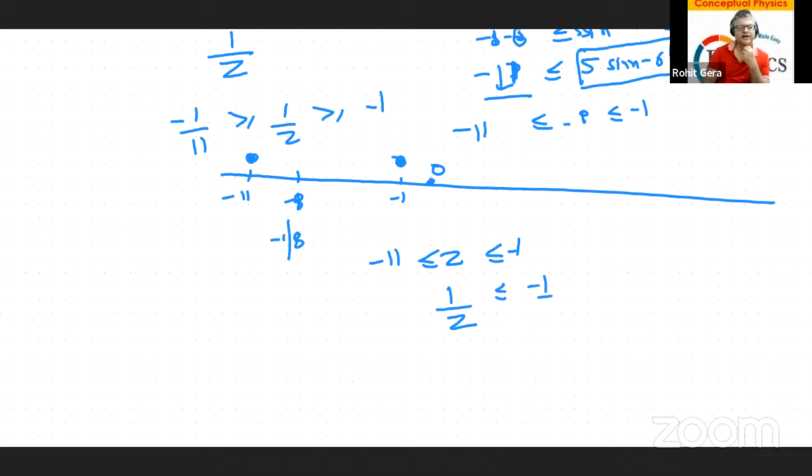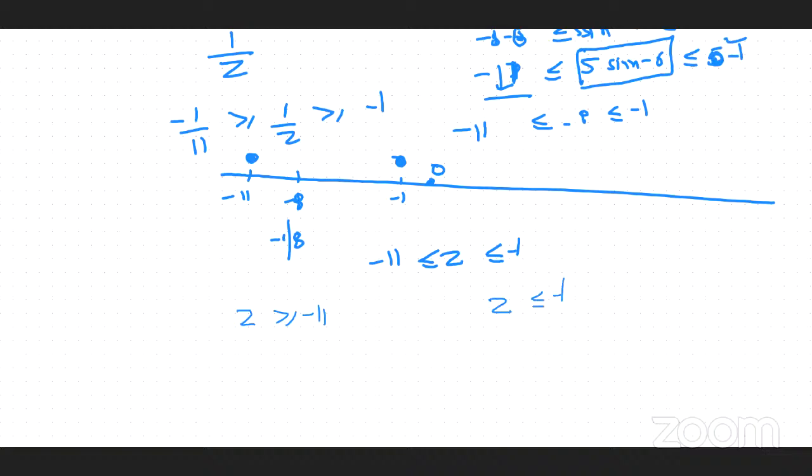I'll just write it separately, so that it's easy for me to understand. So this means z is greater than or equal to -11 and z is less than or equal to -1.